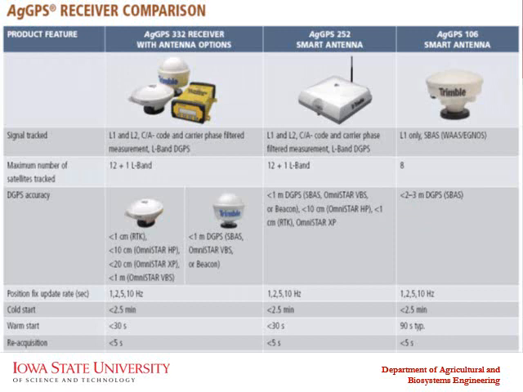The AgGPS 252 receiver shows different levels of accuracy, as do the 332 receivers, depending on the type of solution. In this case, we have OmniSTAR XP at less than 20 centimeters, OmniSTAR HP at less than 10 centimeters, and RTK at less than 1 centimeter. When not listed, we assume these to be static 24-hour accuracies.